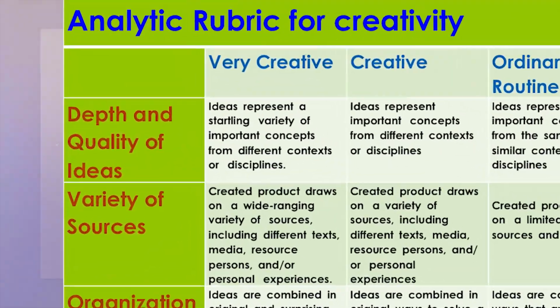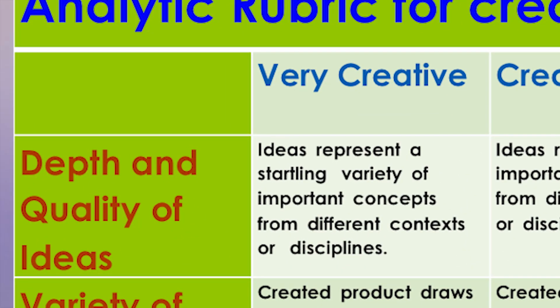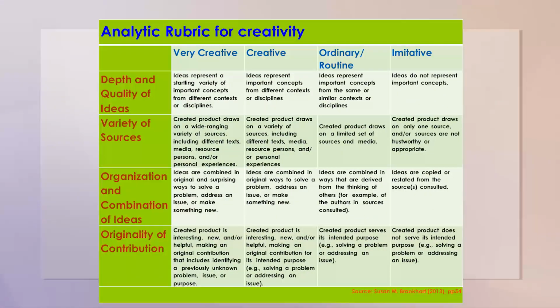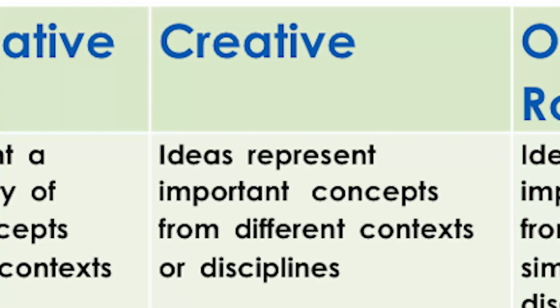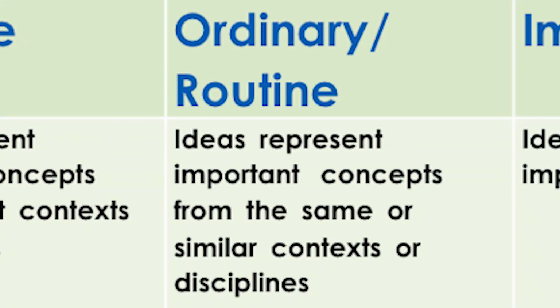Under the scale level very creative, for the criterion depth and quality, it is expected from the learners that they will present ideas which represent a startling variety of important concepts from different disciplines. Those who may be rated under the creative level of the same criterion are expected to present ideas which represent important concepts from different contexts or disciplines. For the ordinary level, the ideas should represent important concepts from the same or similar disciplines.